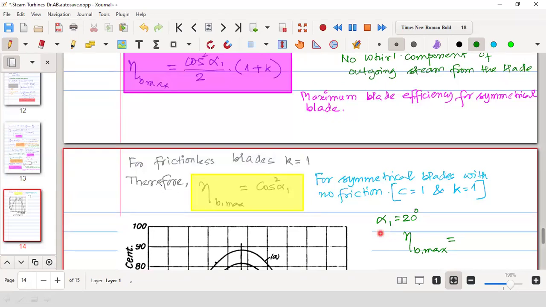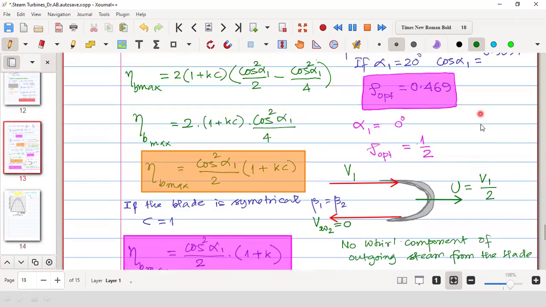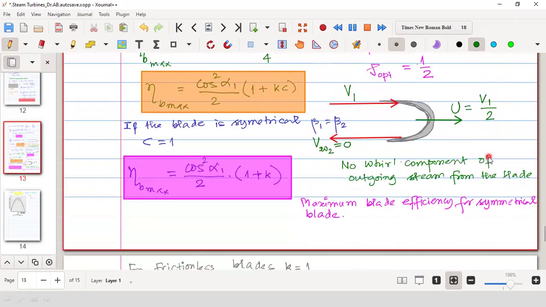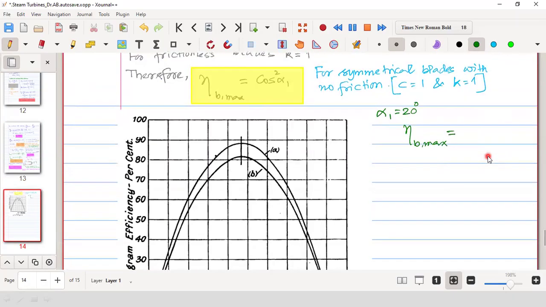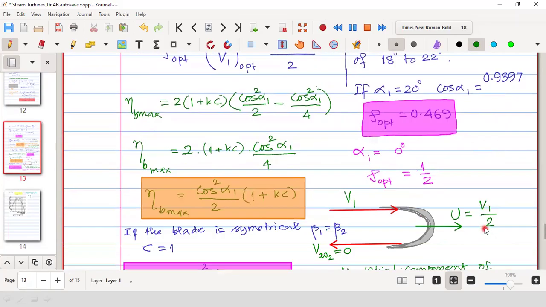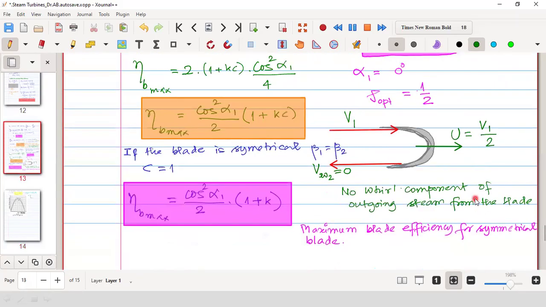Cos alpha 1 square, cos alpha 1, you have already calculated 0.9397, square of that, how much? 0.9397 multiplied by 0.9397. It is about 82%, like that, 82% around, isn't it?